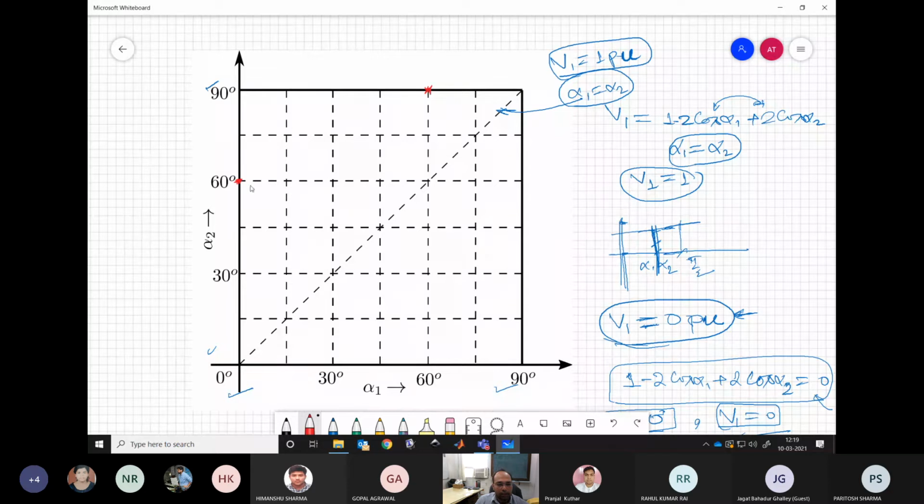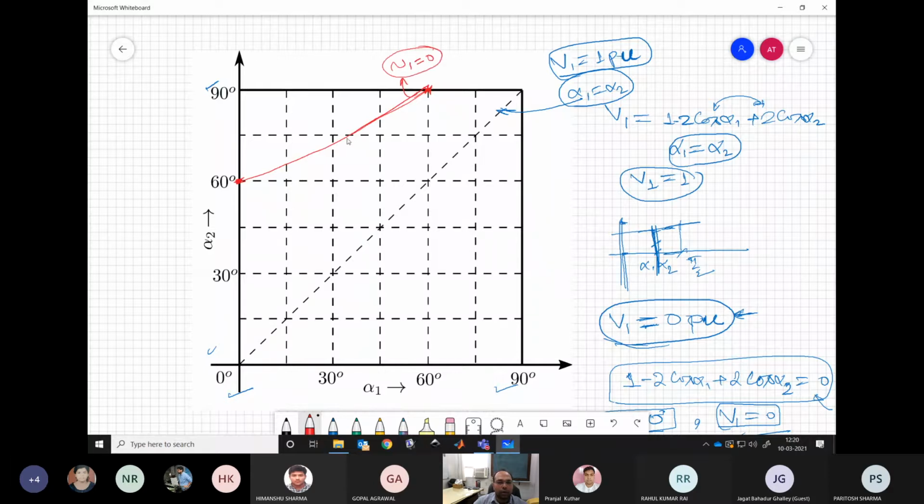So we can figure out that if we operate on this curve, this is basically not a straight line but a curve. Okay, let me draw again a little more carefully. So on this curve, if you operate any alpha 1, alpha 2, then this will correspond to V1 equal to 0 per unit.